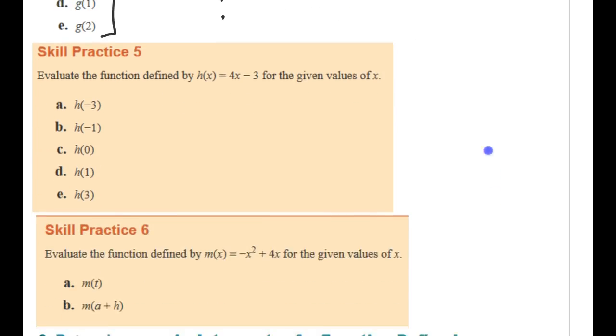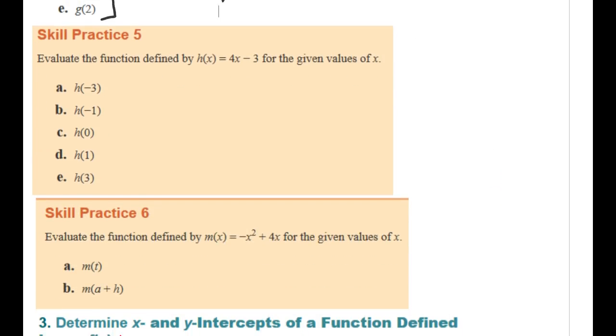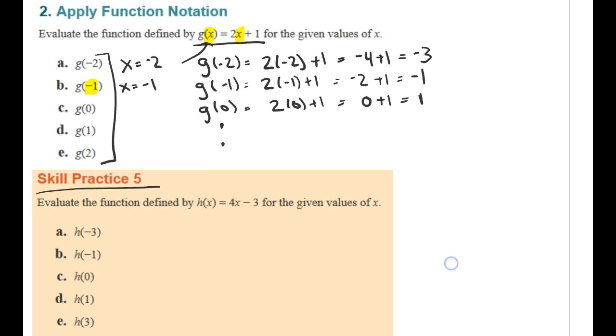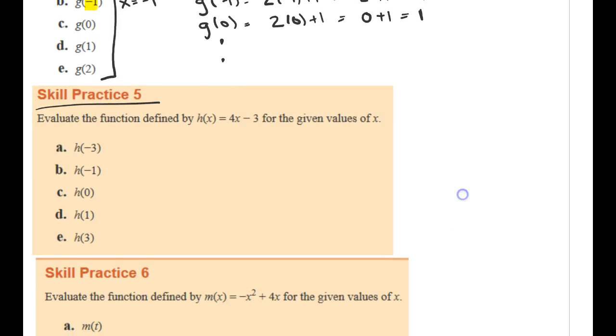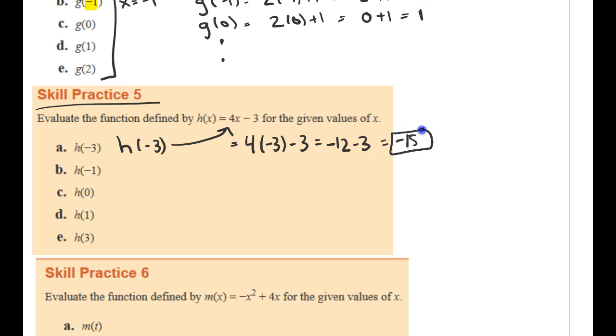The skills practice here is again straightforward. You want to be able to plug in: what is h of minus 3? So I take the expression h, 4 times minus 3, minus 3, minus 12 minus 3, minus 15 would be the answer there.